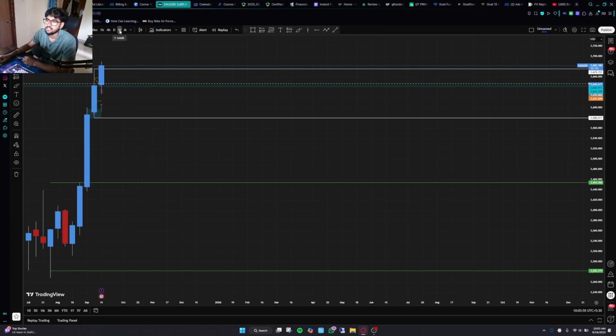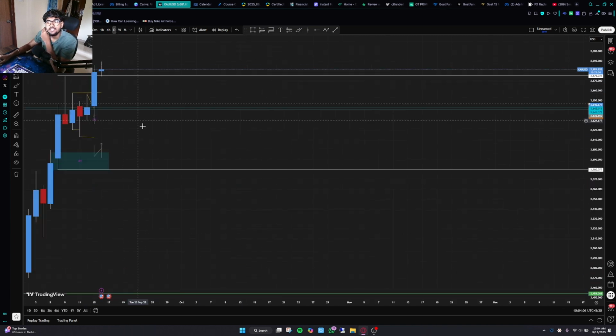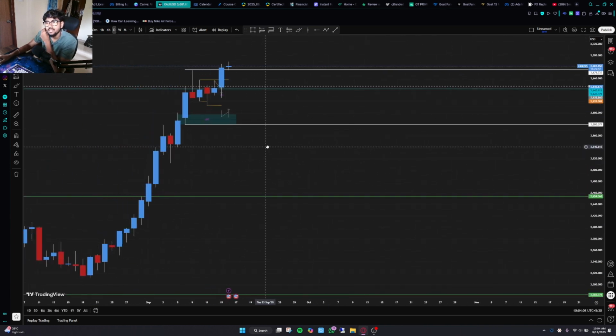I'm just marking out the weekly zones so I know where's the weekly high and the weekly low. This is the monthly high and the monthly low. So these are where liquidity rests, right? So it's a good point to note.